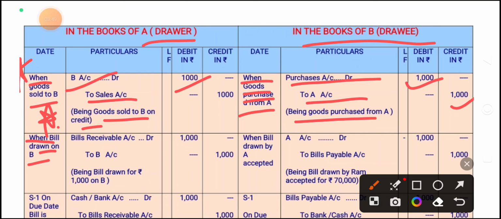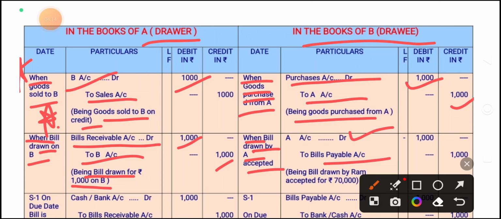In the books of drawer A: bills receivable account debit to B's account, being bill drawn for rupees 1000 on B by A. In the books of B, who is accepting A's bill: A's account debit to bills payable account, 1000 rupees, 1000 rupees.